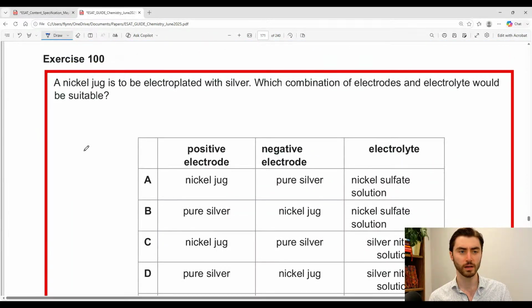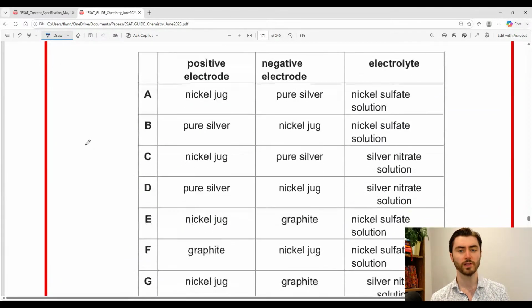So here, a nickel jug is to be electroplated with silver. Which would be suitable? Here, the electrolyte, that's not suitable. There's no silver in there to plate. There's no silver in here to plate.